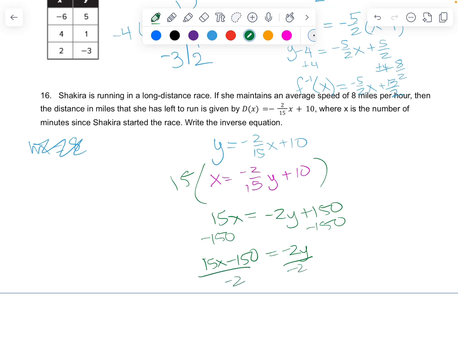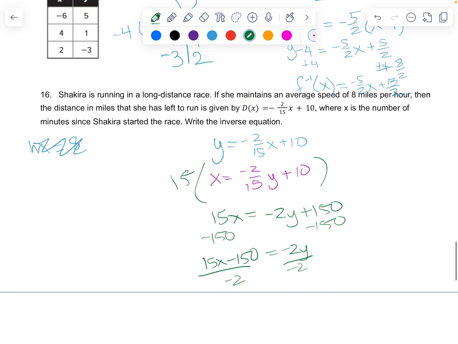So now I would have negative 15 over 2x plus 75 equals y. So the inverse function of d would be negative 15 over 2x plus 75.